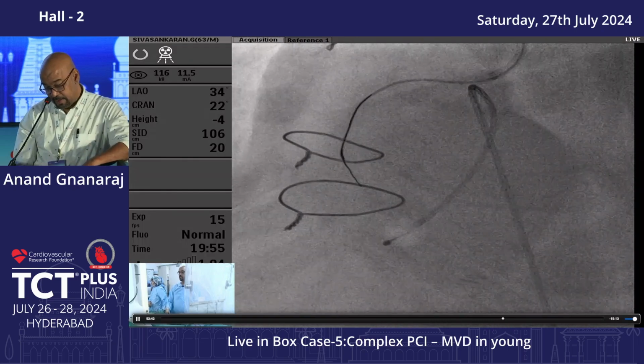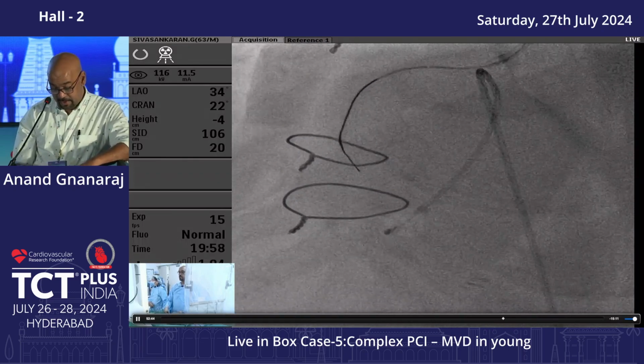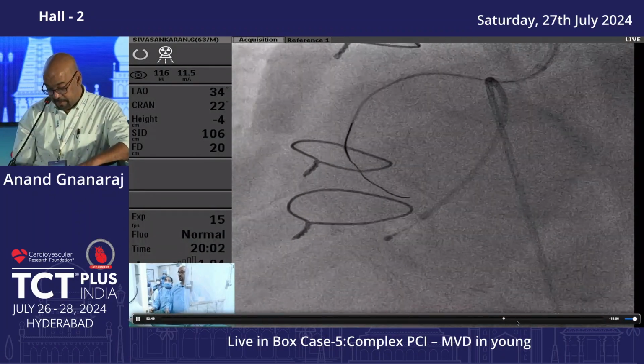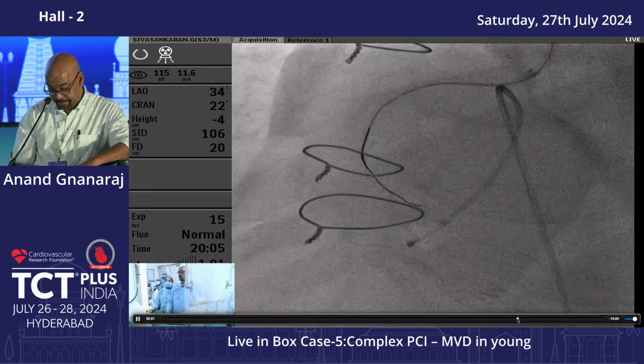So this was again an attempt because the wire came out. I think this was Fielder FC this time.